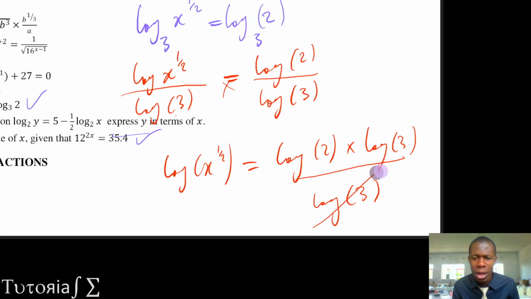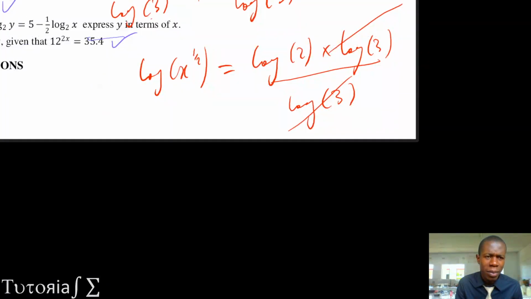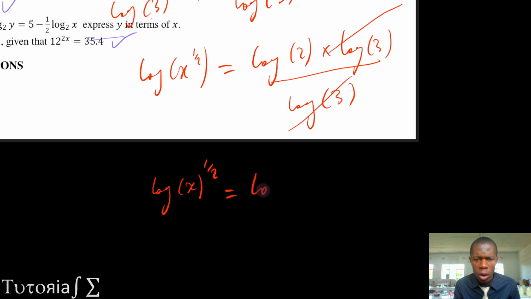Okay, so simply this log of 3 and that log of 3 can cancel out, and what we're going to have is log of x to the power half is equal to log of 2.